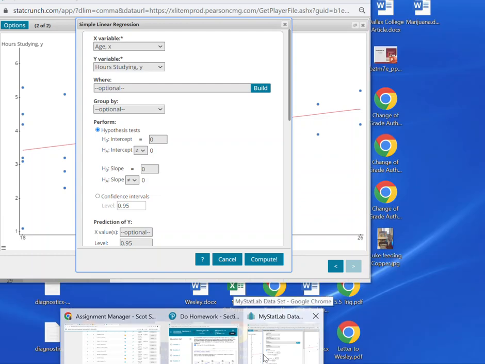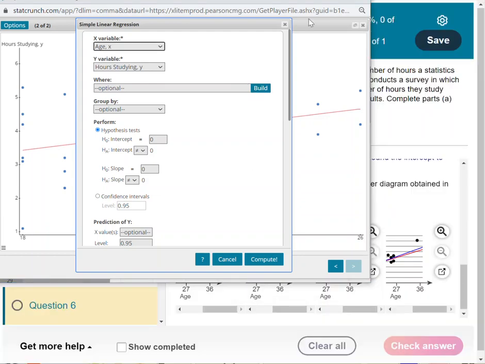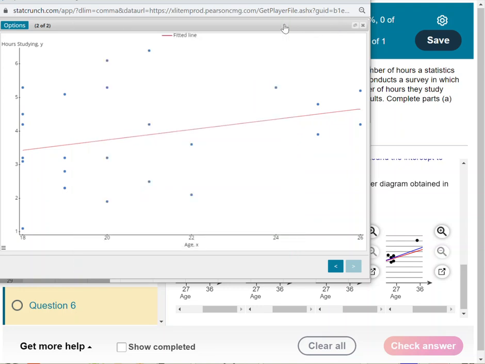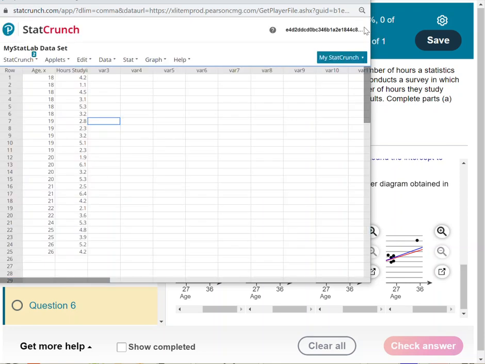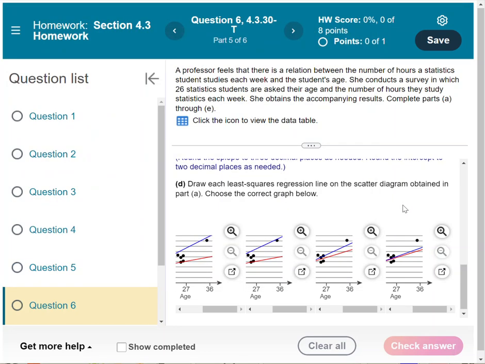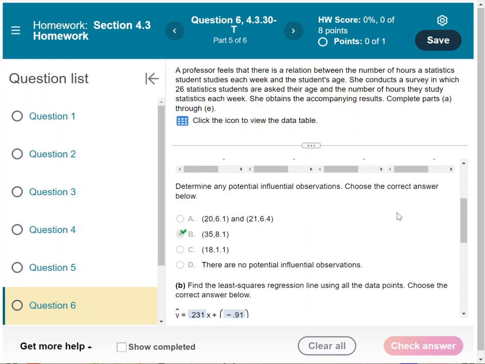Looks like I might have to do it all over again. All right, so let's just do that. So again, this graph goes between these 4 points here. There it is. Okay, so let's put that point back in. Oh boy, what was the point? 35, 8.1.